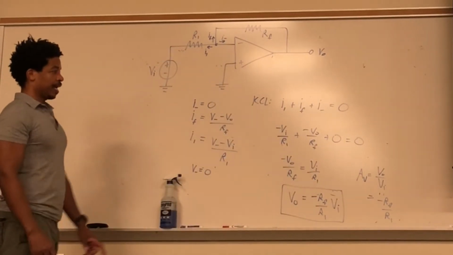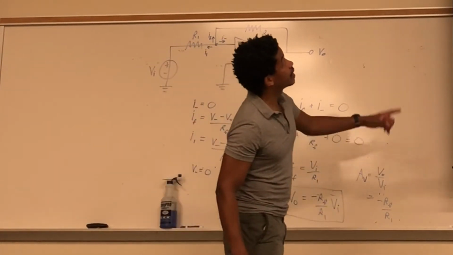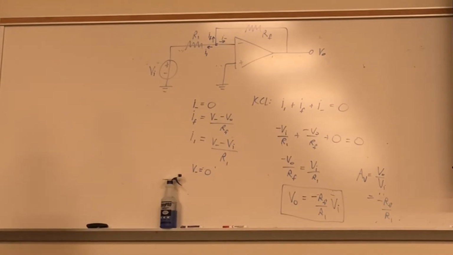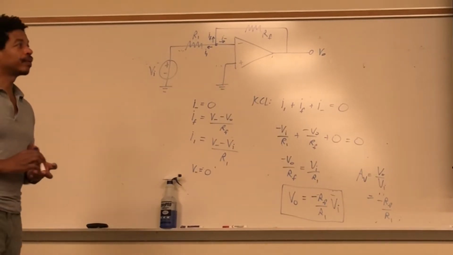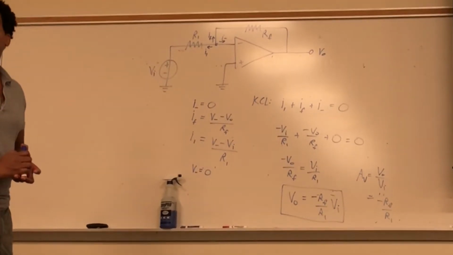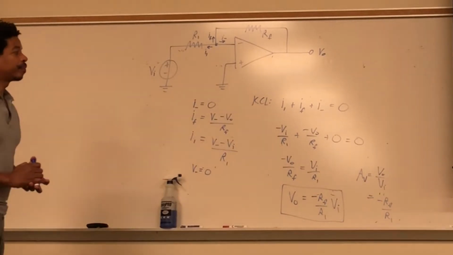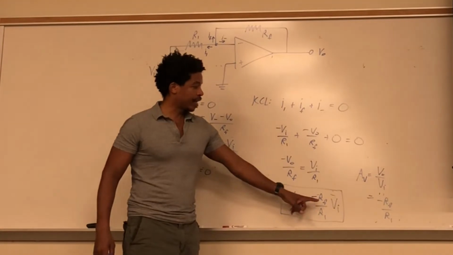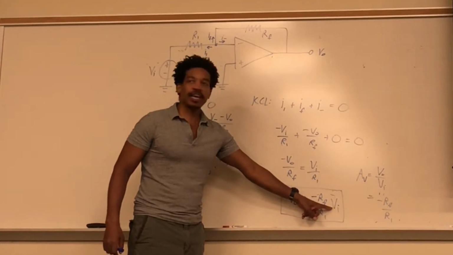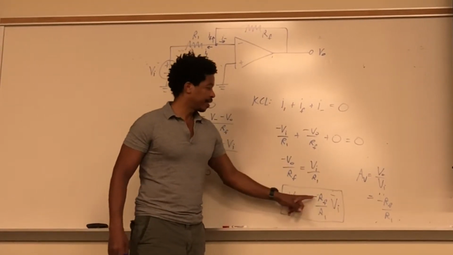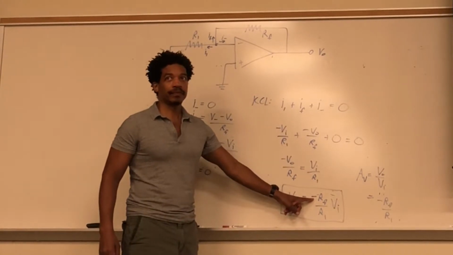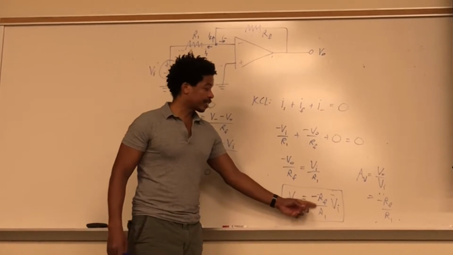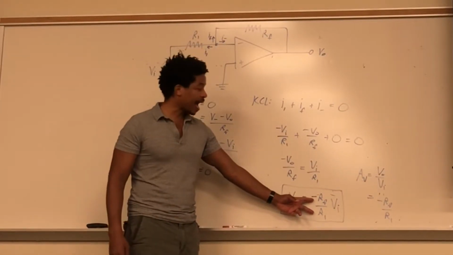And so the next question is why is it an inverting amplifier? Well, look what's happening here. Whatever VI is being negated with a negative. We already know the resistors are going to be positive, they're just passive.